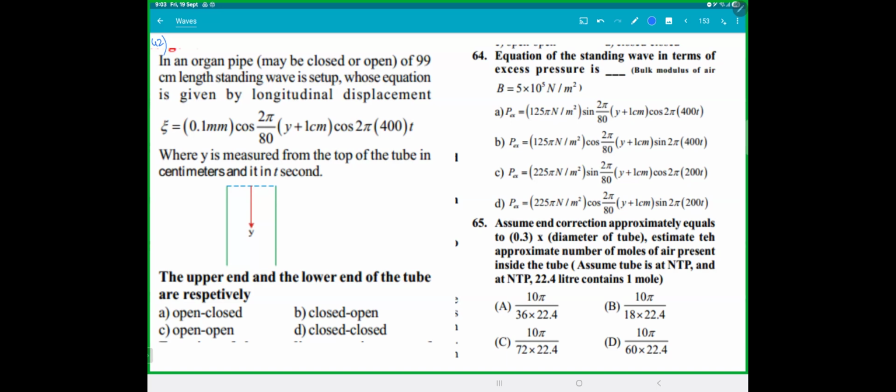So in an organ pipe, maybe closed or open, he didn't tell you whether both the sides are open or closed. This weird symbol which is there is your displacement. Because you're already using y coordinate for this, instead of using y, he's using some weird symbol.